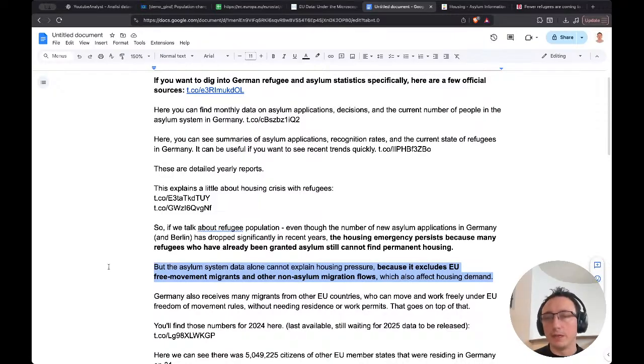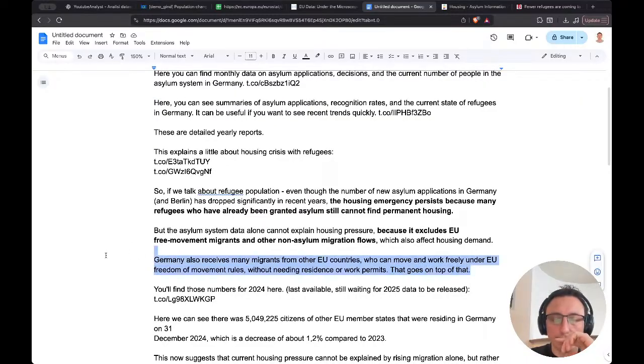It means that also European people are moving across countries, across cities, and Europe is also welcoming people from other continents which do not require asylum application, but still they require an accommodation. Right.